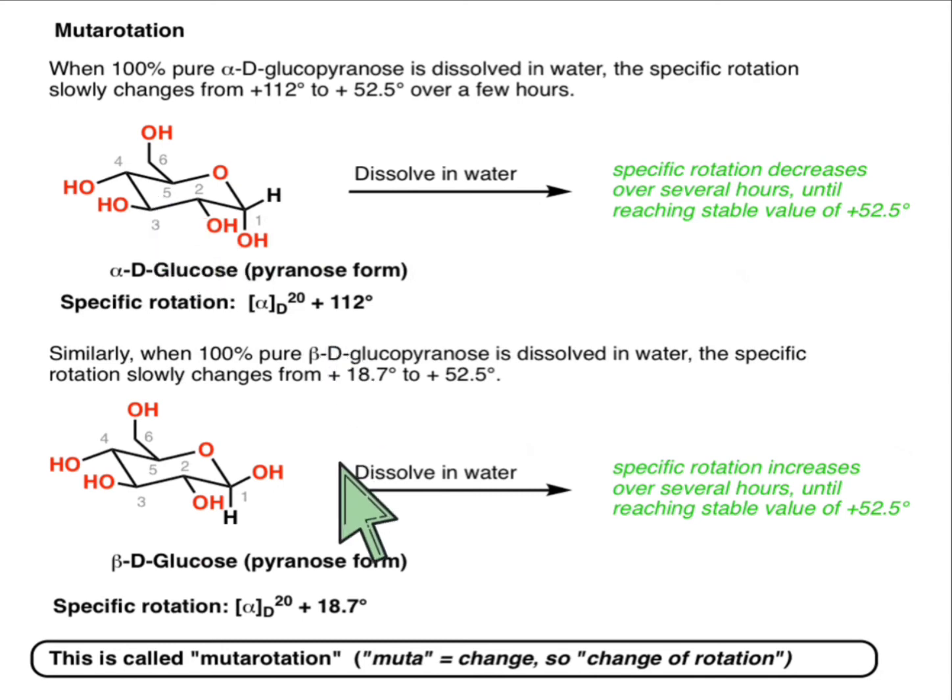In a solution, these constantly change from one form to another, from alpha to beta or vice versa. When an equilibrium is attained, that solution will contain one third alpha form and two thirds beta form, and a very small amount of linear form will also be present.